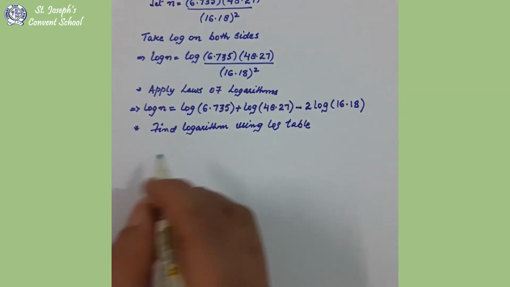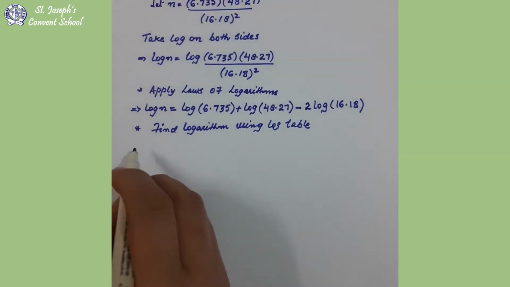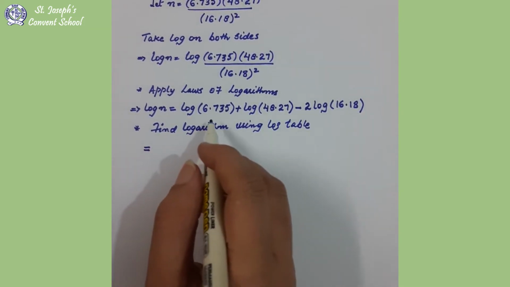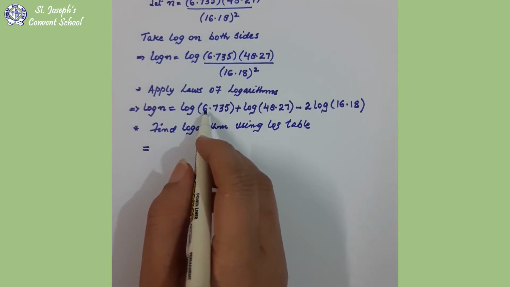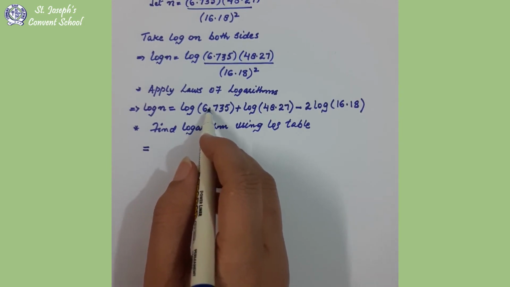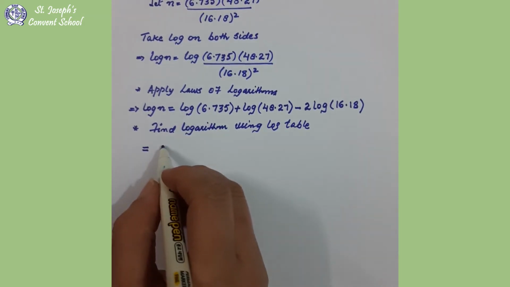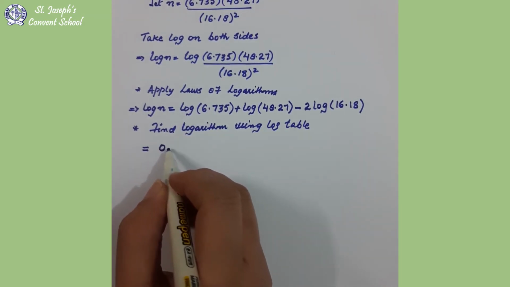Let's do it directly this time. How to find it directly? The first step is to find the characteristic. This decimal is already after the first digit. When the decimal is already after the first digit, it means the characteristic is 0. So the characteristic is 0 point.